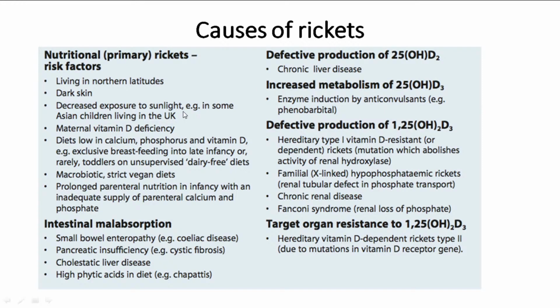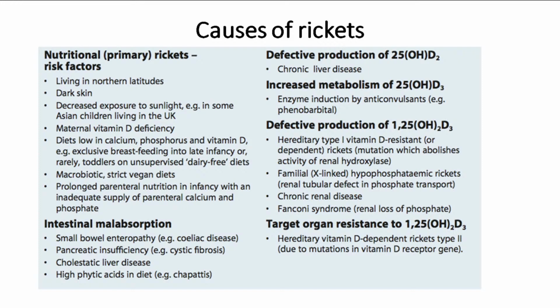Decreased exposure to sunlight in some Asian children living in the UK, for example, or maternal vitamin D deficiency, diets low in calcium, phosphorus, and vitamin D, exclusive breastfeeding into late infancy or rarely toddlers on unsupervised dairy-free diets, macrobiotic strict vegan diets, prolonged parenteral nutrition in infancy with an inadequate supply of parenteral calcium and phosphate.